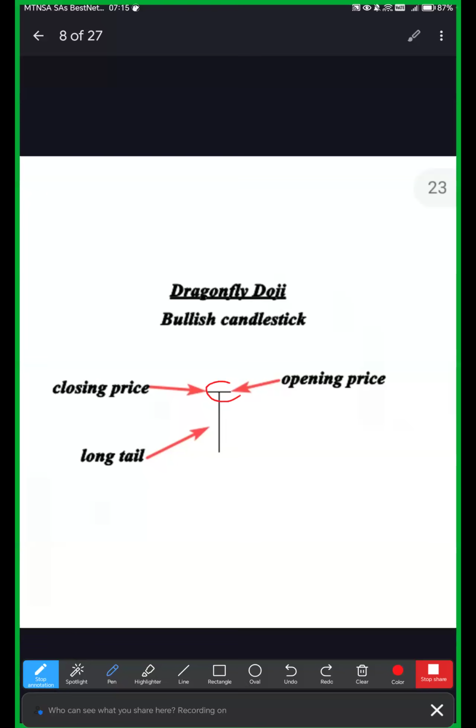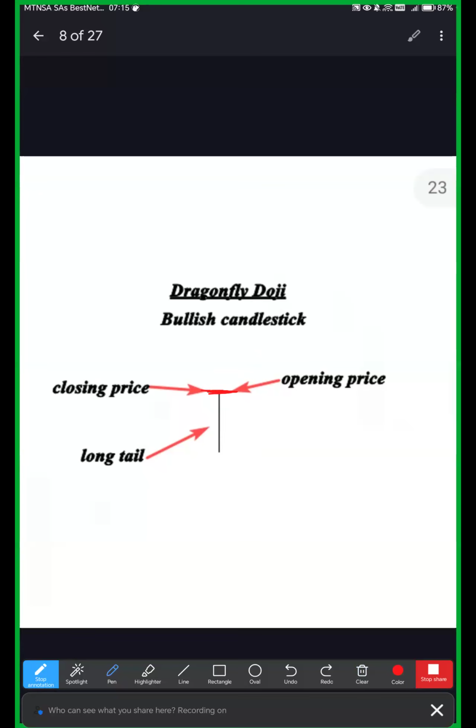Where the price closed, where the price opened, happened to be the high of the market, because this is the low of the market. So where is the high of the market? The high of the market is also where the price opened. That's why I'm saying the open, high and the close are at the same.